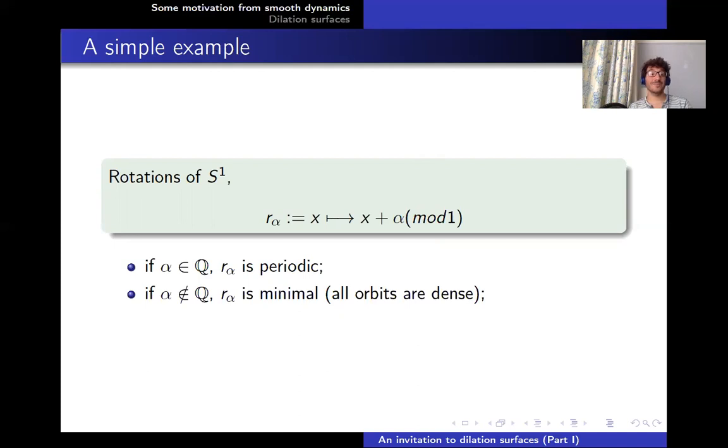And so in that case, the typical behavior in the sense of the Lebesgue measure is going to be minimality, because you know that irrational numbers are of full measure in the real numbers. So we're able to answer the question, but you would argue that this family is very simple.